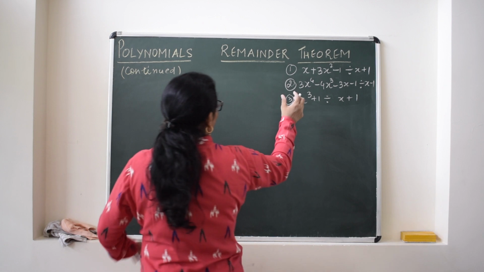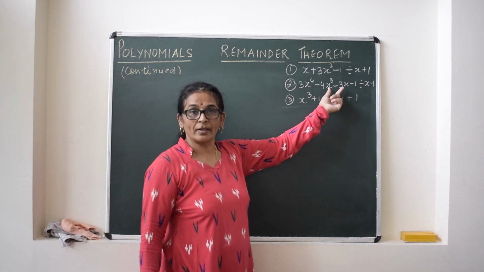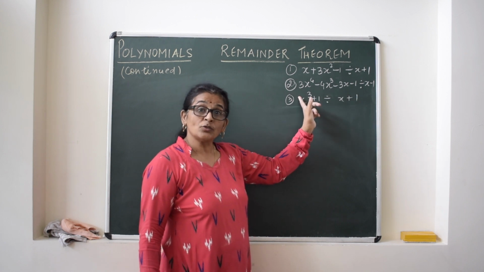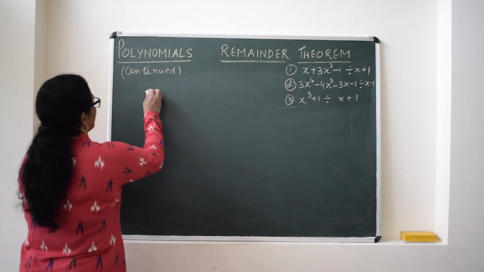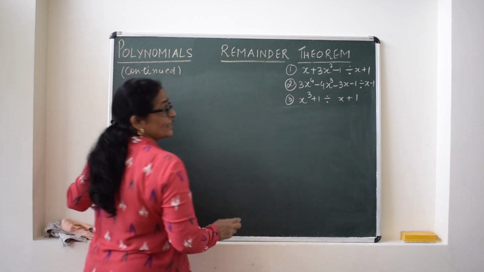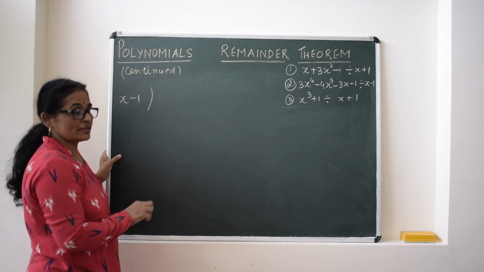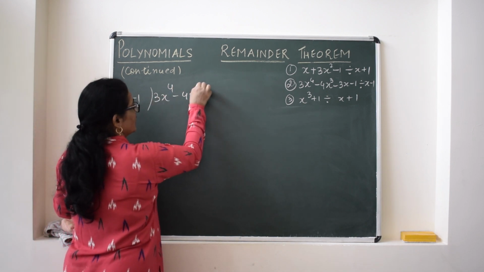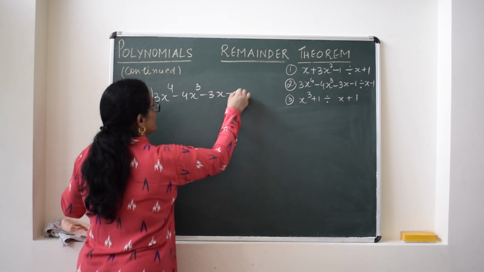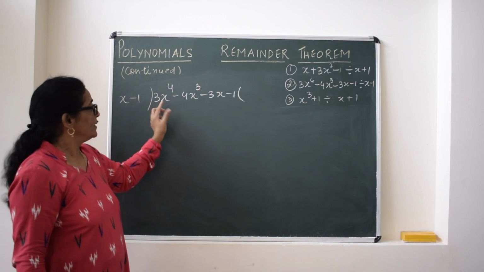Here p of x is 3x to the power of 4 minus 4x cube minus 3x minus 1. It is already in the standard form, so we will write it as it is. And it is divided by x minus 1. So here the divisor is x minus 1. Same way we will write it, and the first term of the dividend is 3x to the power of 4.